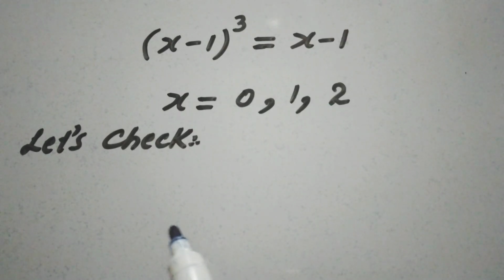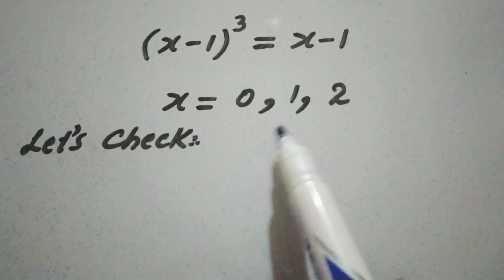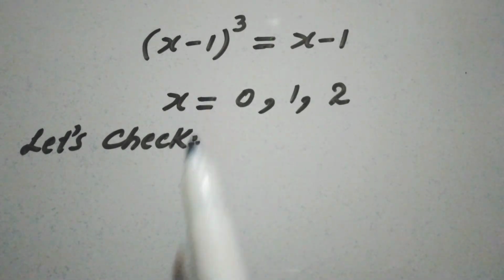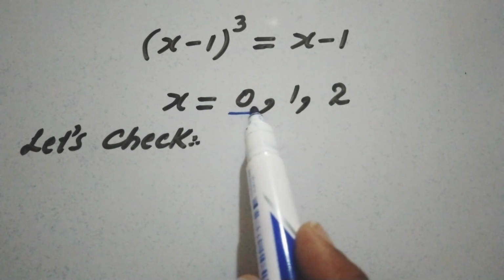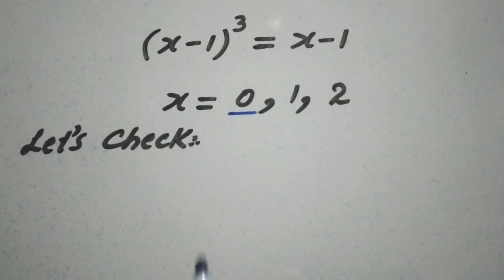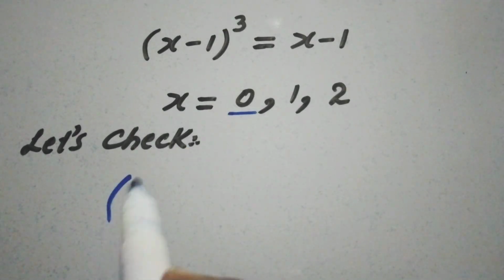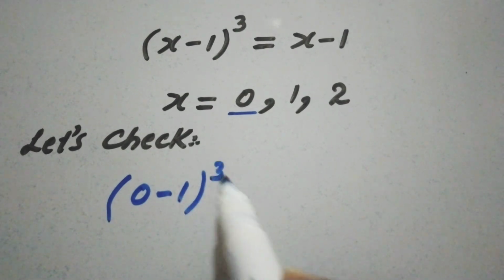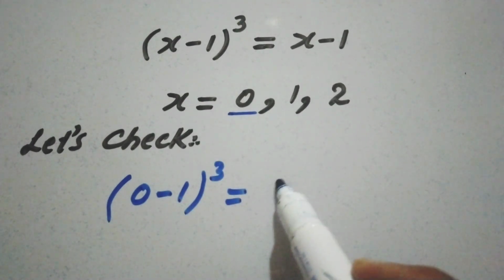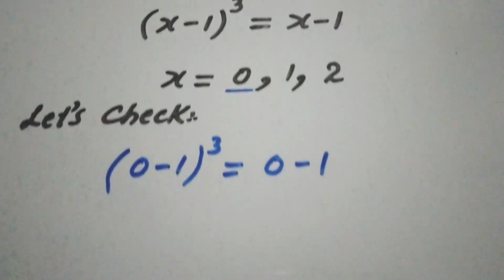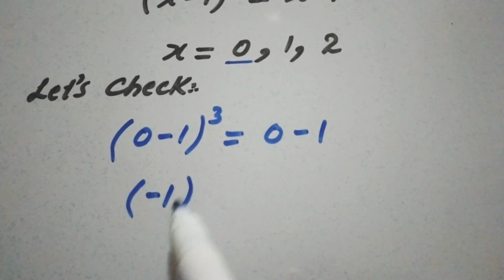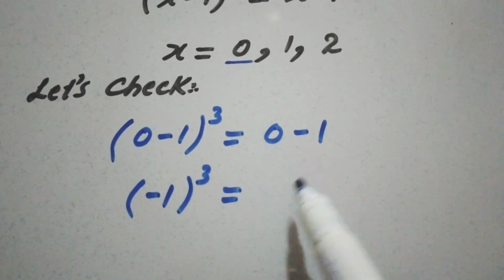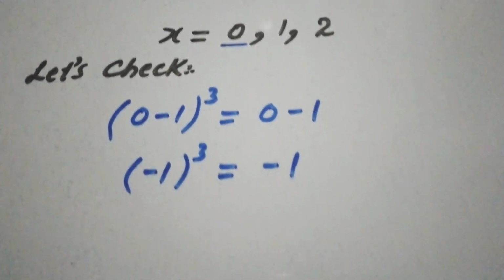Now let's verify whether these values of x for this given expression are valid or invalid. First of all, we will check this expression for x = 0. In place of x we will put 0: (0 − 1)³ = 0 − 1, which is −1.